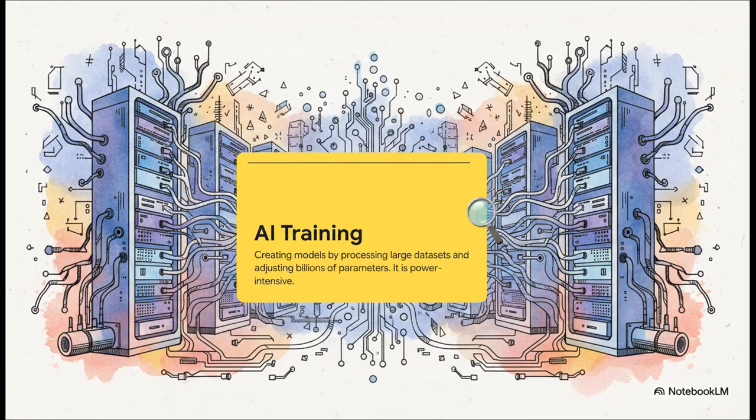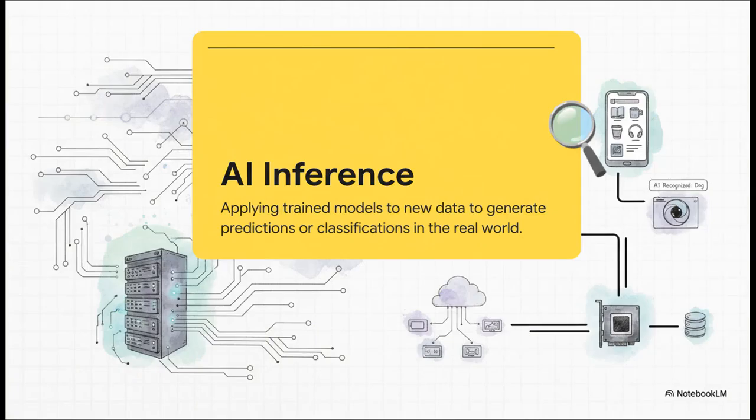Let's dig into training a little more. This is the heavy lifting, the real grunt work. We are talking about feeding a model absolutely enormous datasets and then having it tweak literally billions of parameters to learn. As you can imagine, this takes a mind-boggling amount of computational power and a whole lot of time. It's a marathon, not a sprint. And then you have inference.